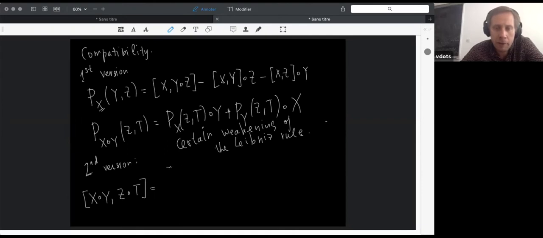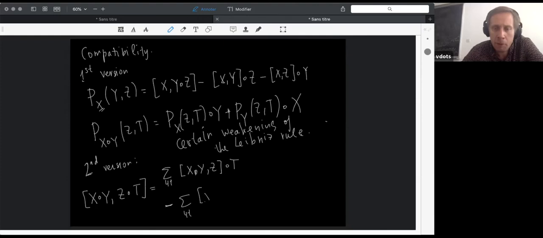It will be the sum of the 4 terms of the form X, Y, Z multiplied by T. So there will be the 4 terms like that. Basically, you can take each of the 4 outside the Lie bracket, and minus the sum of other 4 terms.